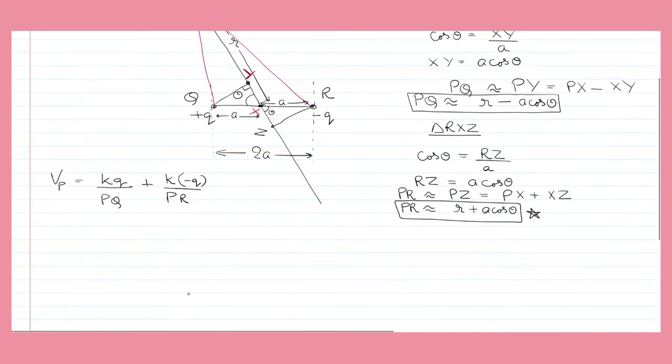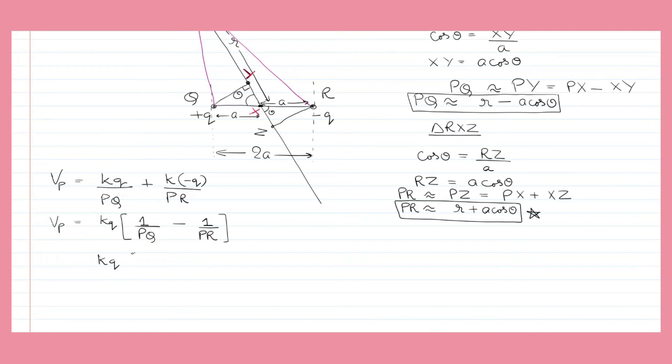So Vp will be equal to kq into 1 upon PQ minus 1 upon PR. So this will be kq, and 1 upon PQ is 1 upon r minus a cos theta, minus 1 upon PR, which is 1 upon r plus a cos theta.